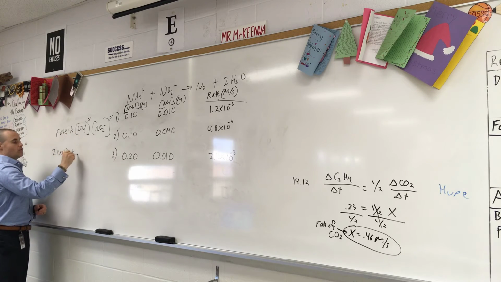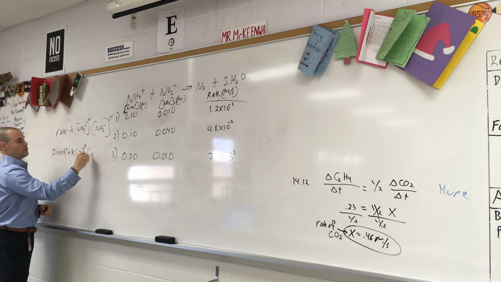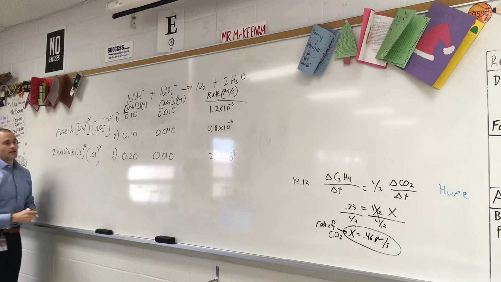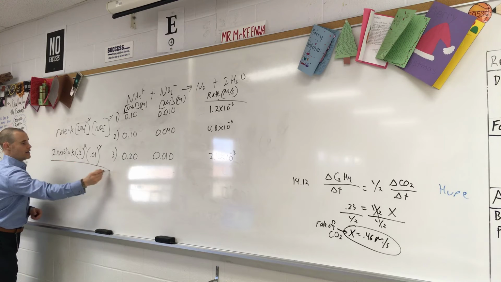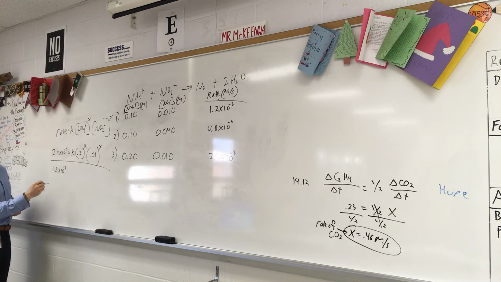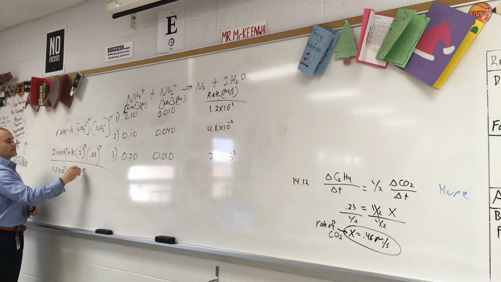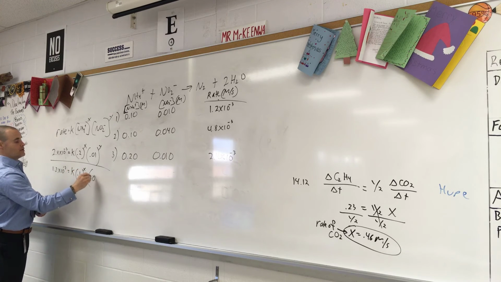NH4+ is 0.2 to the x. NO2- is 0.01 to the y. I'm going to divide this reaction by number 1. So it's 1.2 times 10 to the negative 3 equals K times 0.1 to the x divided by 0.01 to the y.